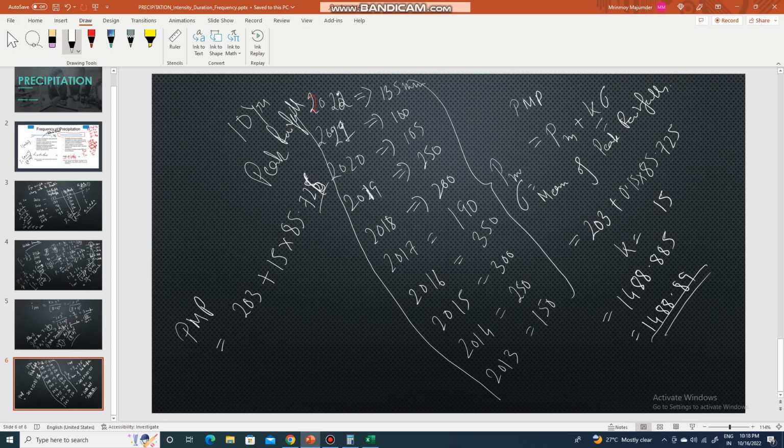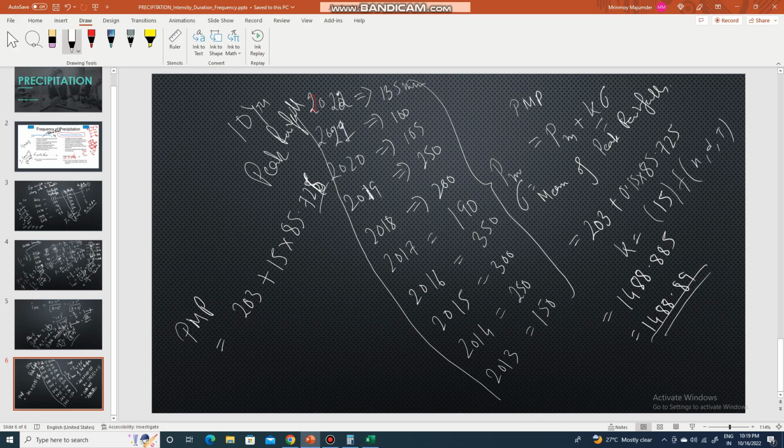After calculating the standard deviation and mean of the rainfall data, you multiply K, that is the frequency factor, with the standard deviation of the data. In most cases, K will be equal to 15, although it depends upon the number of rainfall records you have, the statistical distribution of the rainfall data, and also the return periods of the rainfall.